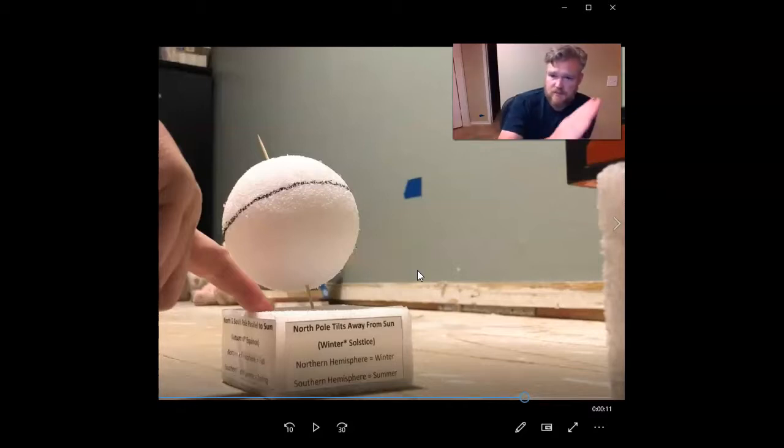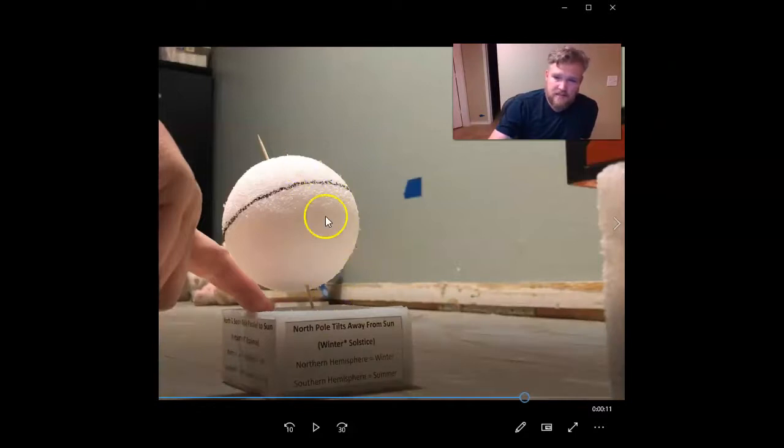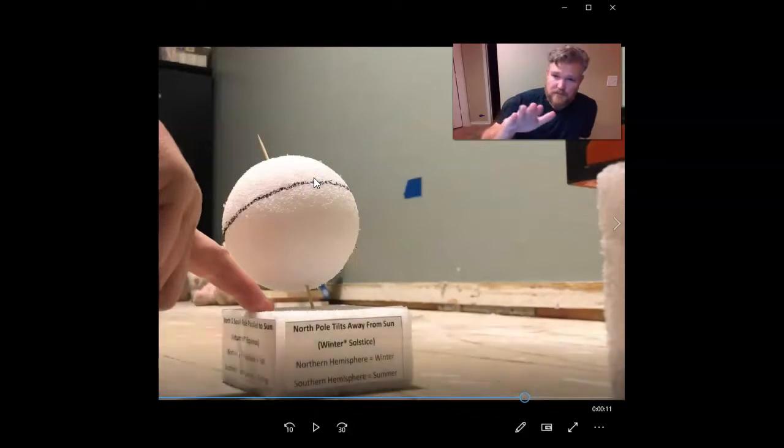Those position points for the seasons are going to be on the quiz, as well as light intensity from the Gizmo demonstration. That light intensity is kind of the same as that laser beam. When you're tilted toward the laser beam, the northern hemisphere, for example, will have more light intensity, and when it's away, the southern has more light intensity, but the northern has less.